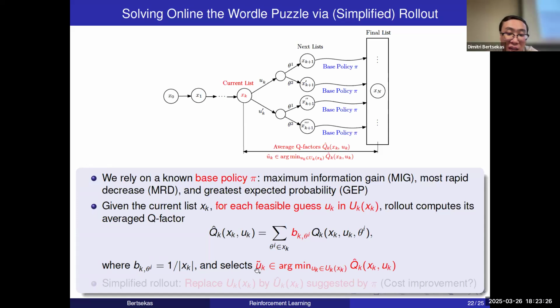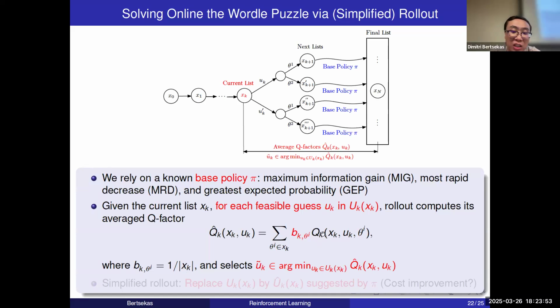And then you select u_k tilde by minimizing those averaged Q factors. Here we use this important fact that belief remains a uniform distribution. Therefore, we can just add up all those Q numbers and divide by the number contained in X_k.